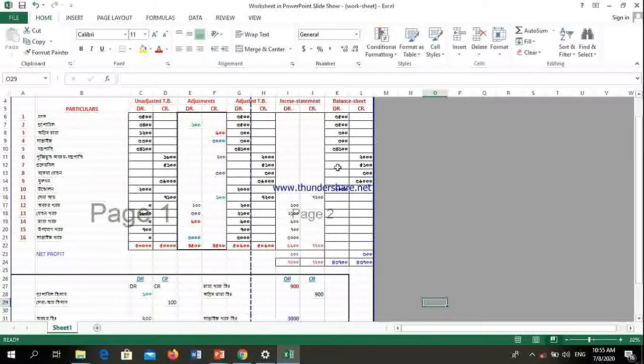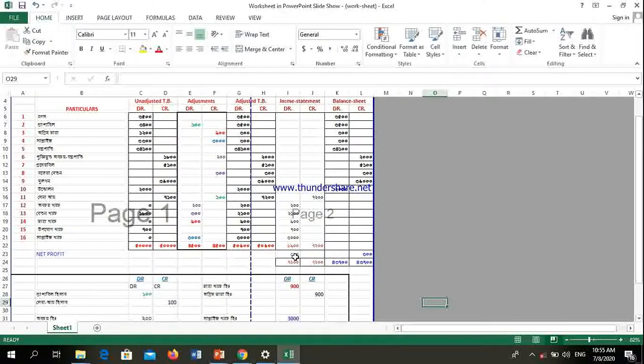So hope so. Now look how much amount there. 300 taka was the net profit. 300 taka is the net profit. So it is a debit. In the income statement, it is put into the debit side. So it will go to the credit side of the balance sheet. If this 300 rises on the credit side, you have to put this amount into the debit side.